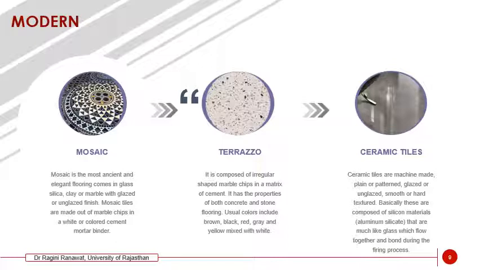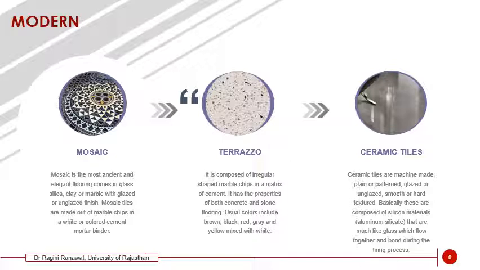So what is terrazzo? It is irregular shaped marble chips in a matrix of cement. That's it. Marble chips, different colors of marble chips, different shapes and sizes, laid down in a matrix of cement. It has been used since a long time, and it can last for even longer.